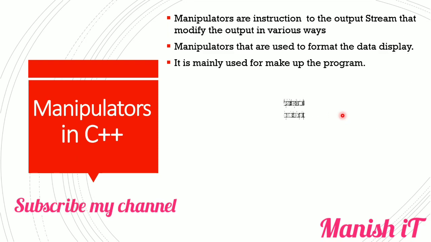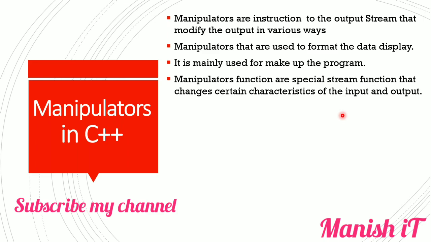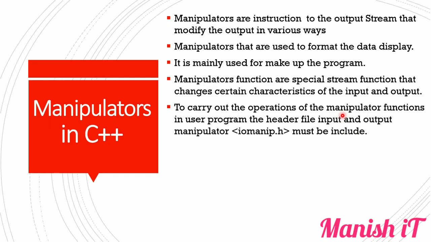Next, manipulator functions are special stream functions that change certain characteristics of the input and output. To carry out the operations of manipulator functions in a user program, the header file for input and output manipulators, that is iomanip.h, must be included within the program.